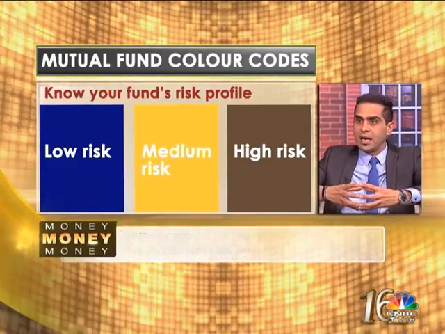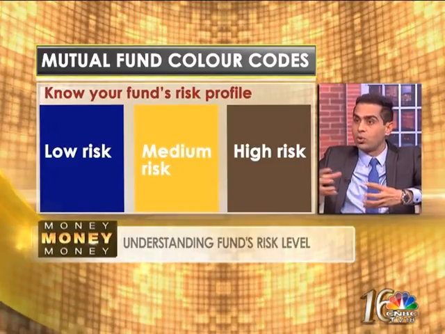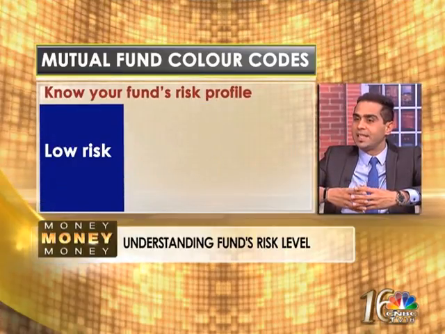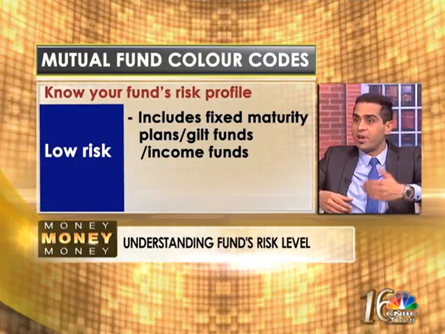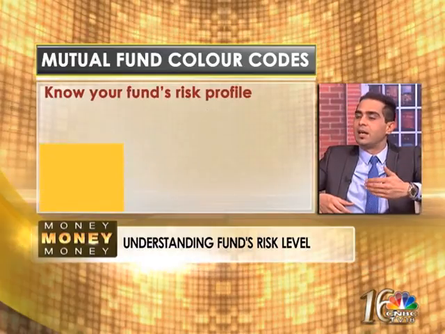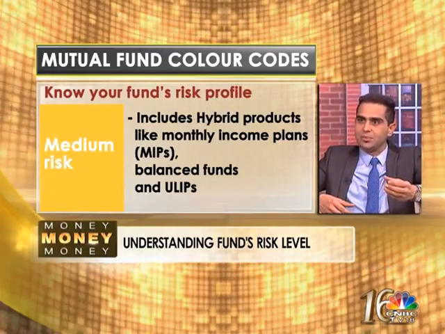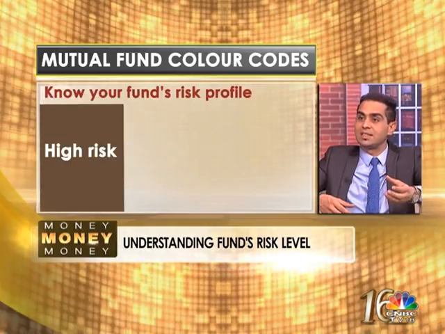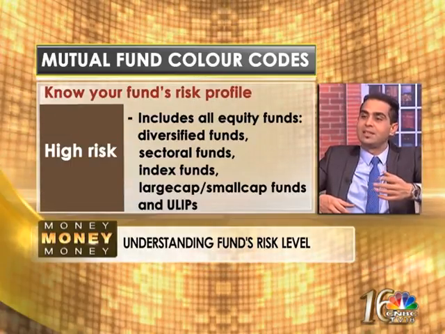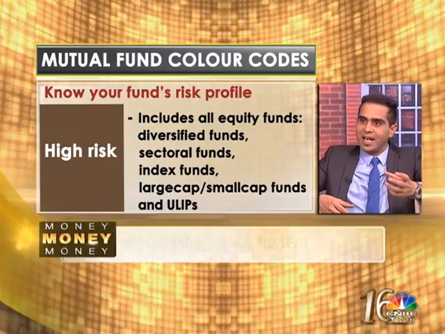This has generally been addressed by the color coding which the regulator has indicated, but I meet so many investors who don't know what the colors signify. So it's important for an investor, before he starts investing in mutual funds, to understand the color coding and categorize each scheme as per the risk.